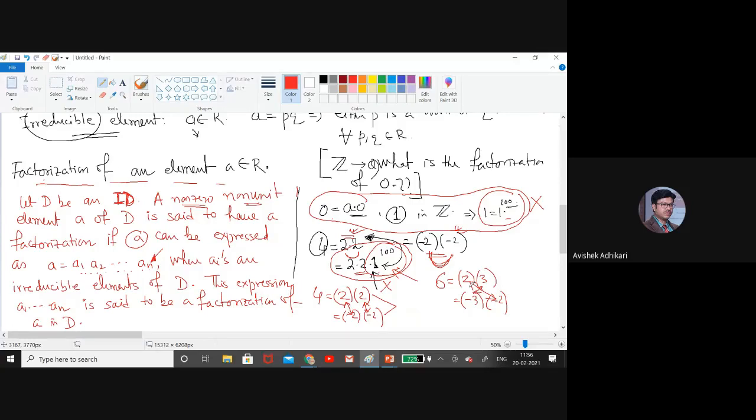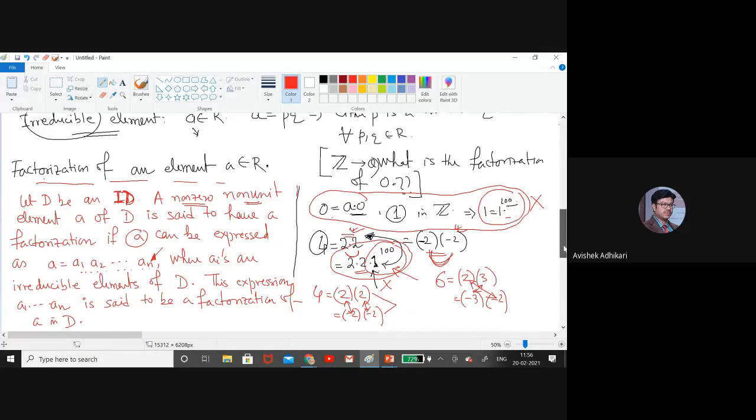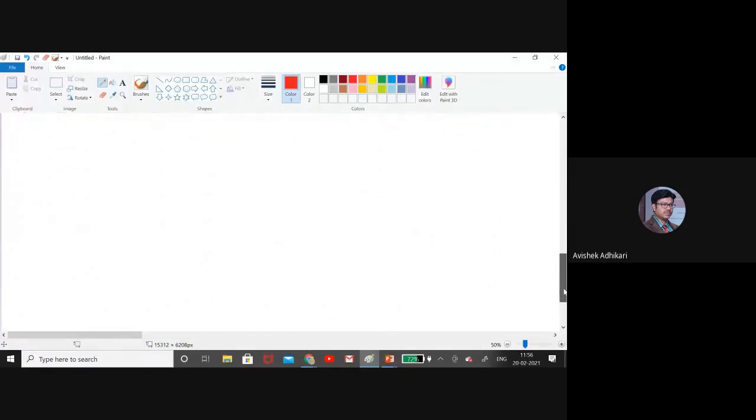So now the question is, what is a factorization domain? Till now what we have discussed is the definition of factorization. Now you can understand that if every non-zero non-unit element of an integral domain has a factorization in D, then we call that integral domain a factorization domain. So what is the definition of factorization domain?